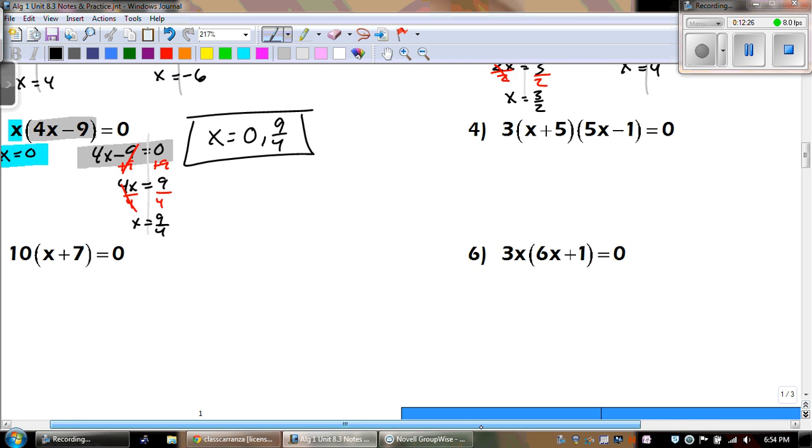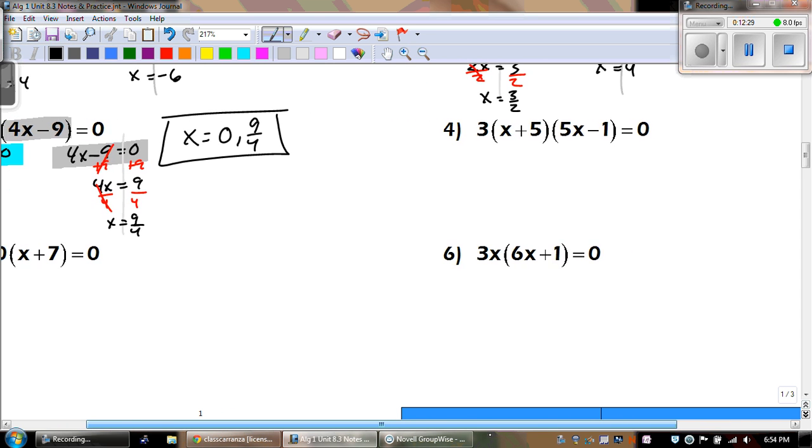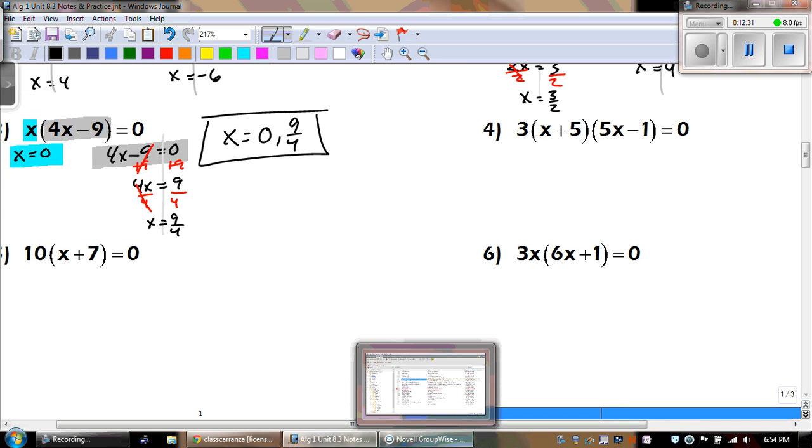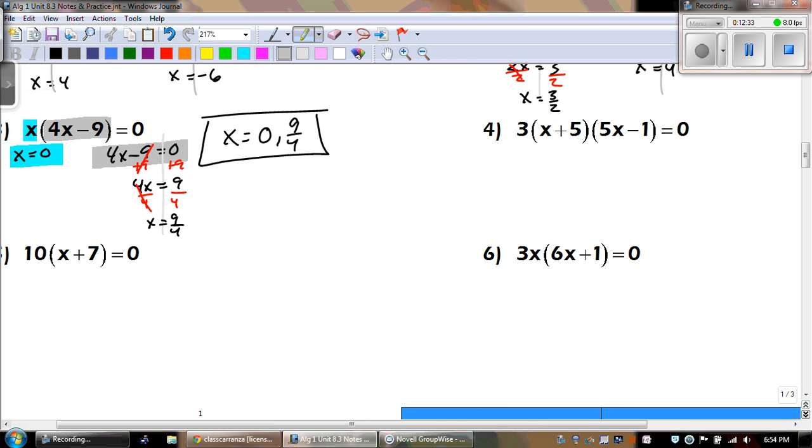Okay, number 4. We only set the variables equal to 0. So our x plus 5 and the 5x minus 1. So x plus 5 equal to 0 and the 5x minus 1 equal to 0. Do you guys know what the answer is for the blue?